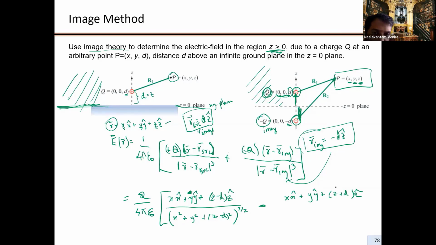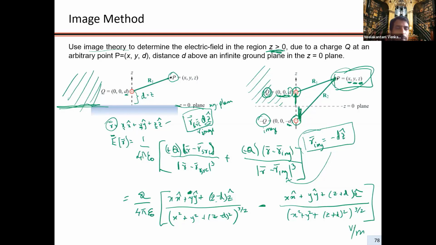This minus will become plus, this plus d will become minus. So this many volts per meter, that's the electric field at this point. So you're in a way able to find it as the sum of 2 point sources.